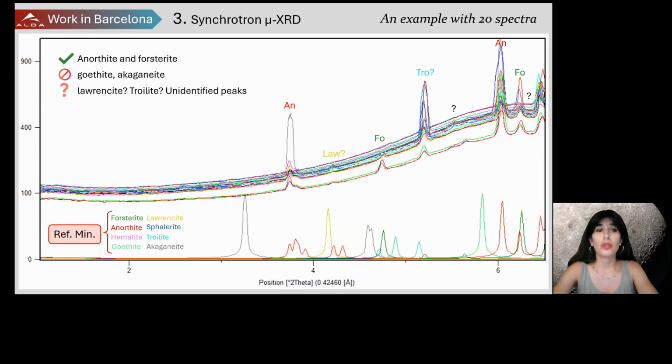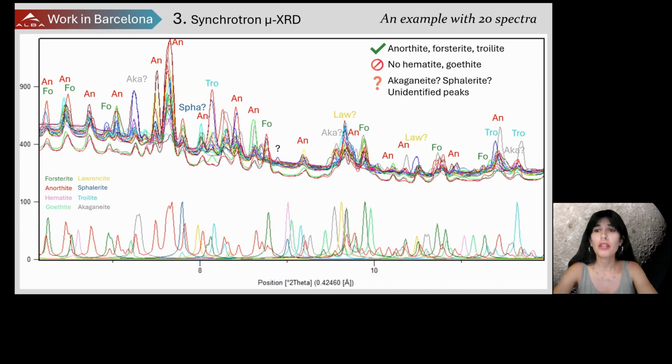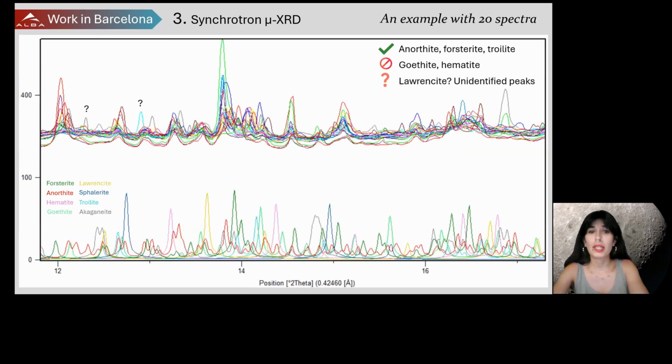And then we also see that there's no presence of goethite or kyanite. In the middle of the diffractogram, we see very good matching with anorthite, forsterite, and troilite. There's no hematite or goethite, and maybe there's akaganeite and sphalerite and unidentified peaks as well. And finally, on the right side of the diffractogram, we can see again anorthite, forsterite, troilite. There's no goethite or hematite, and we may have lawrencite and unidentified peaks.